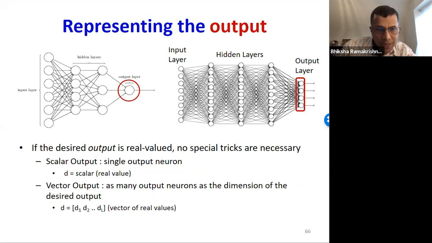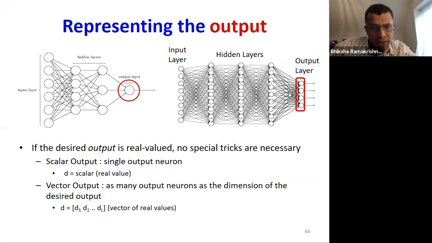Now, we've defined the input. What about the output? If the desired output is real valued, then no special tricks are necessary. The output is simply going to be the actual value that you want to represent. If you're trying to compute a scalar function, the desired output is going to be a scalar.